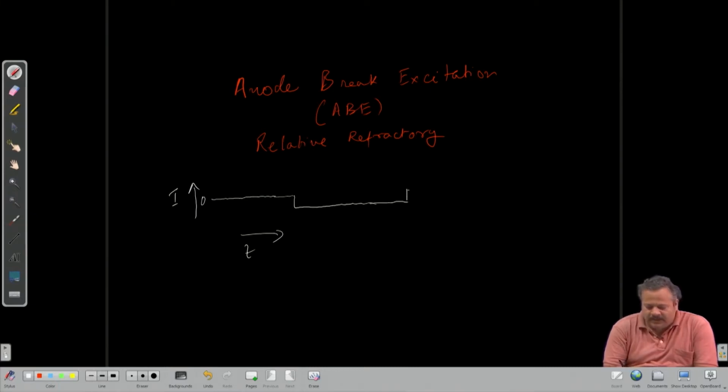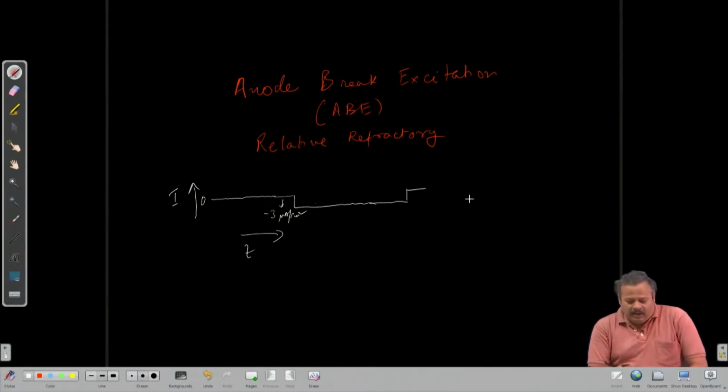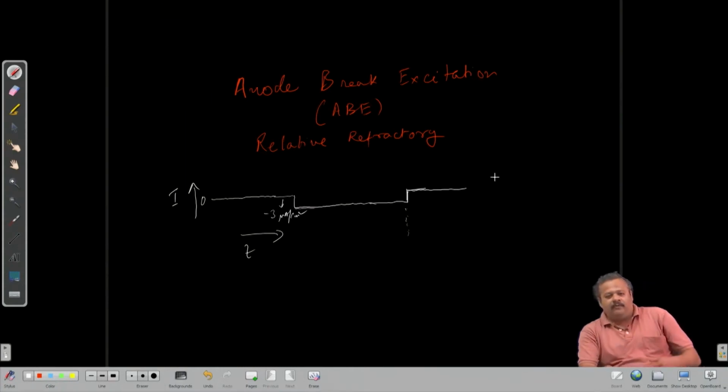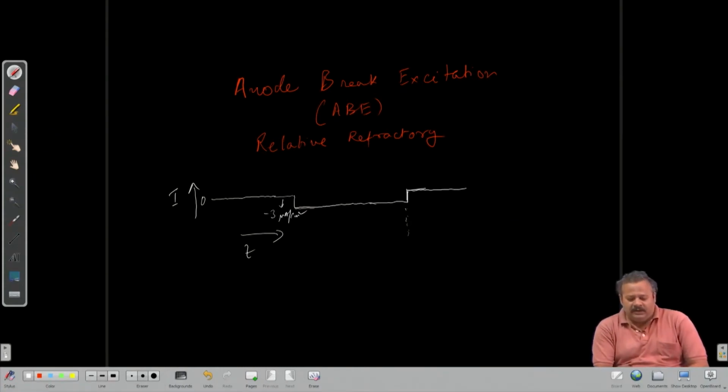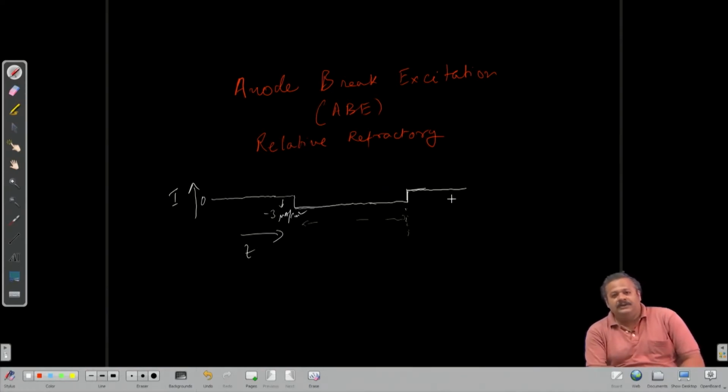We are injecting a negative current, let us say minus 3 microamp per centimeter square, and at this point, a few hundred milliseconds later, we are stopping the negative current and making it 0. So, we have a current clamp of minus 3 microamp for this intervening period, and then we come back to the 0 current level.